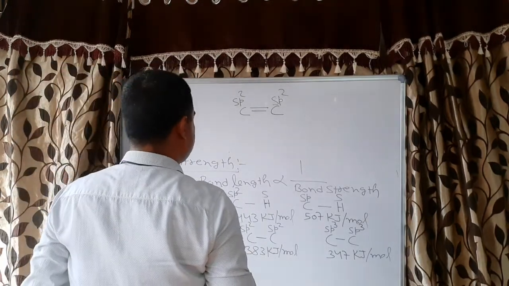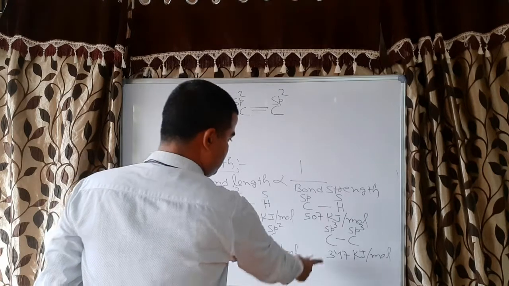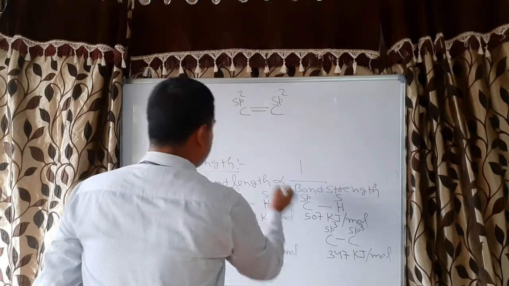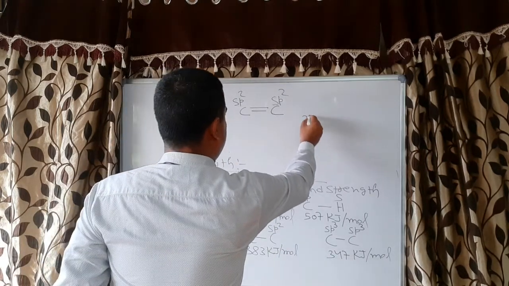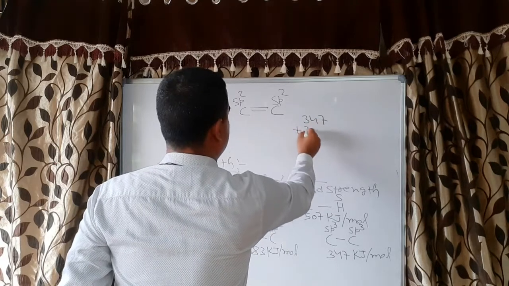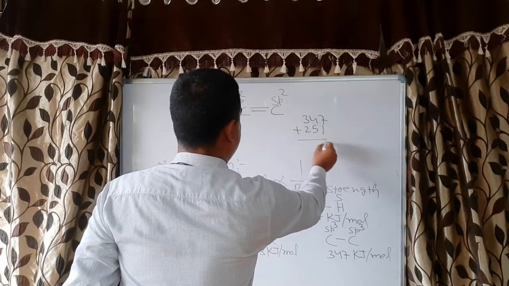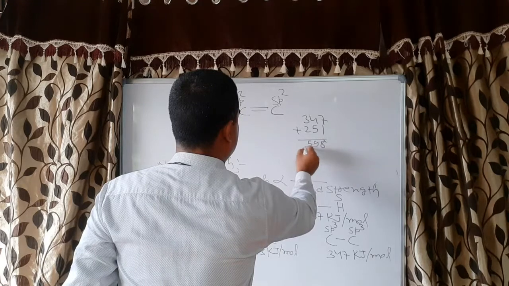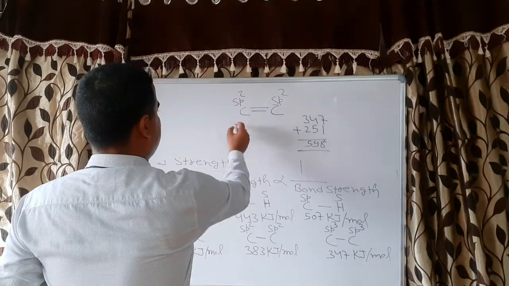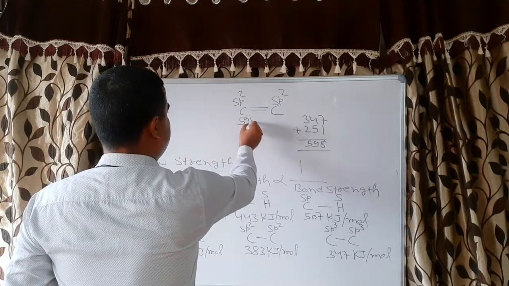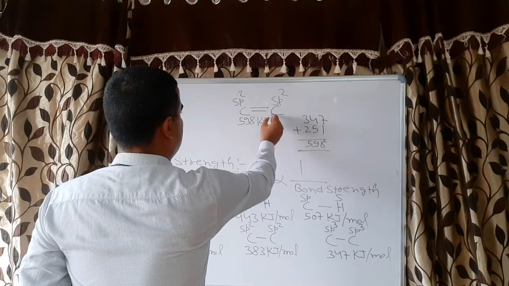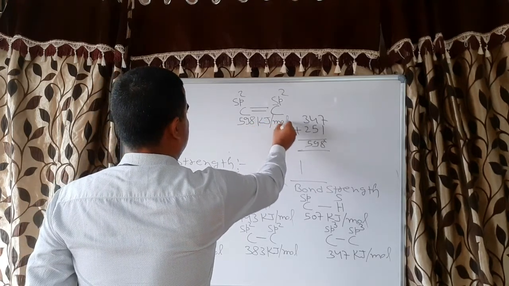The energy of the CC sigma bond is 347, correct? Now 347 plus 251 will be 598. So this energy is 598 kilojoule per mole.